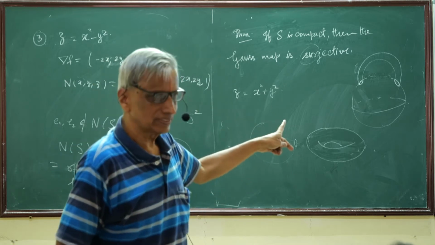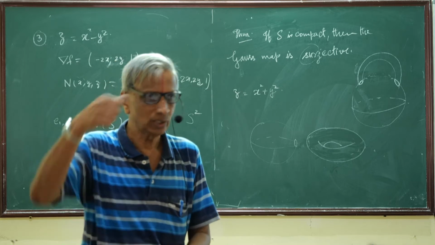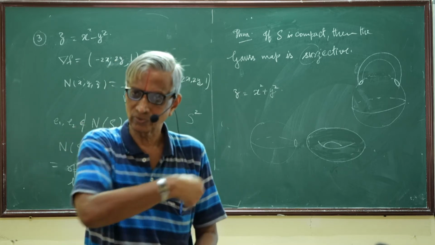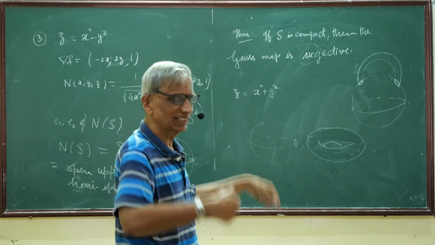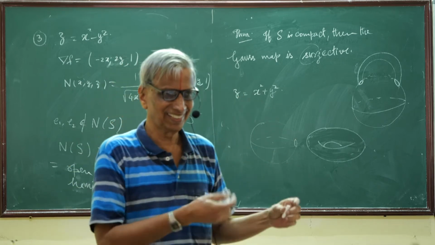So this is the surface which is got by attaching a handle to the sphere. So this is like a handle, right? It looks like a lock, if you look at it, right? So this is again a compact orientable surface.